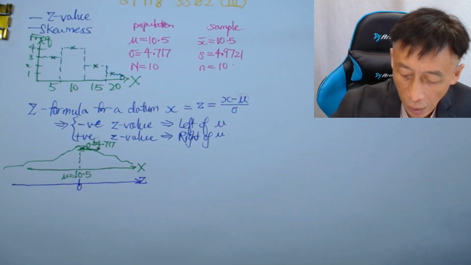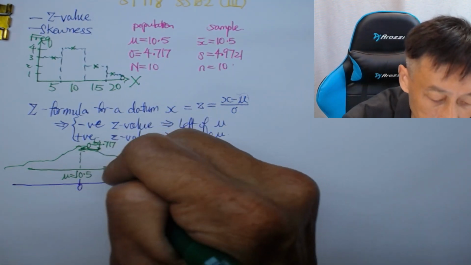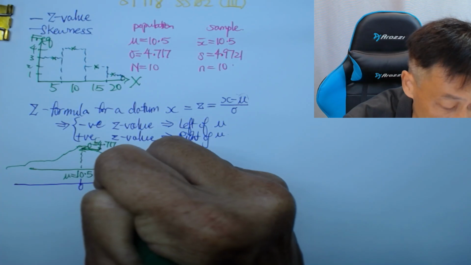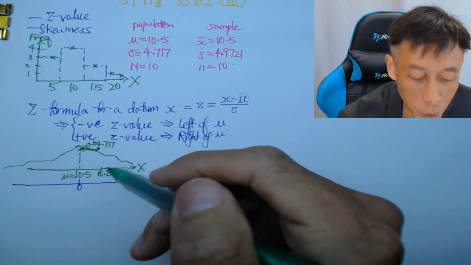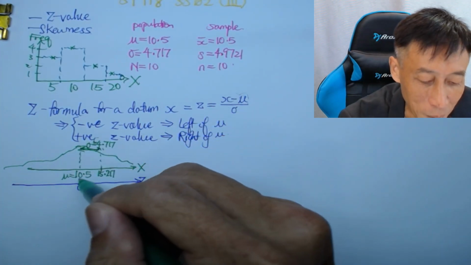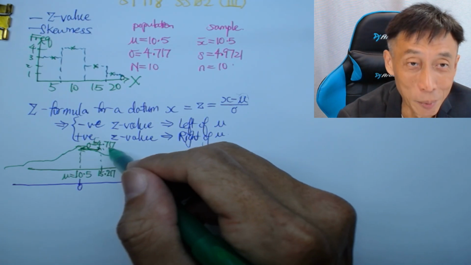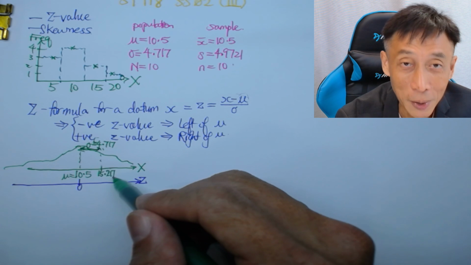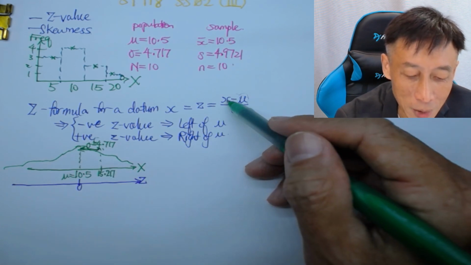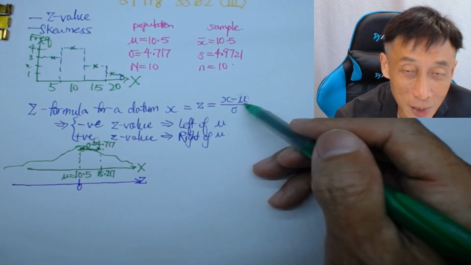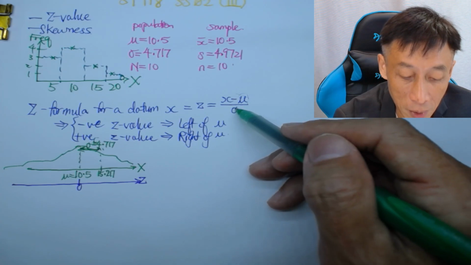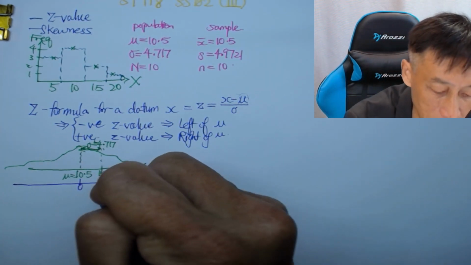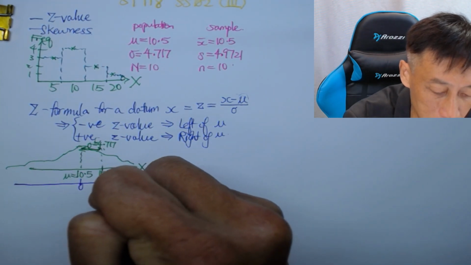What is the z value of, let's say, 15.217? You will notice that it is actually mu plus 1 sigma. Mu plus 1 sigma minus mu is 1 sigma. 1 sigma divided by sigma is 1, which means that we have a z value of plus 1.